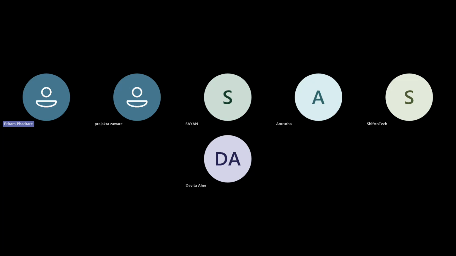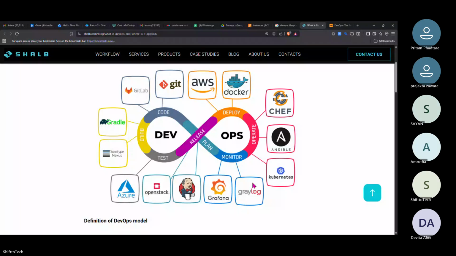Then comes the fourth phase, which is the test phase. Now what happens under the test phase? Your application code is tested under multiple environments, or multiple spaces, like a pre-prod environment, prod environment, development environment, testing environment.